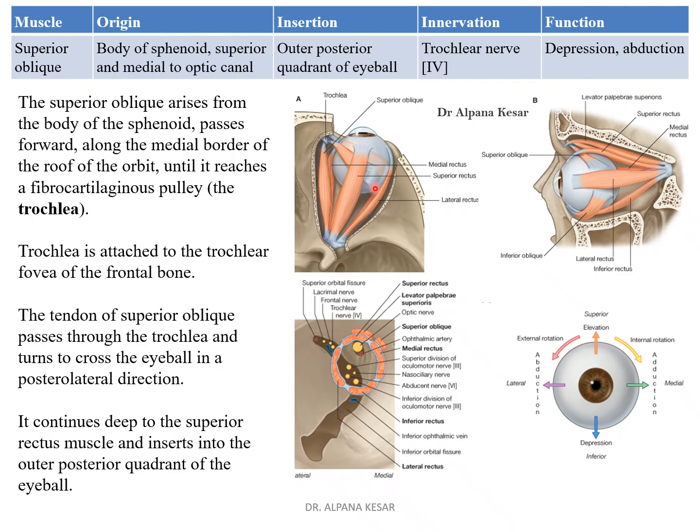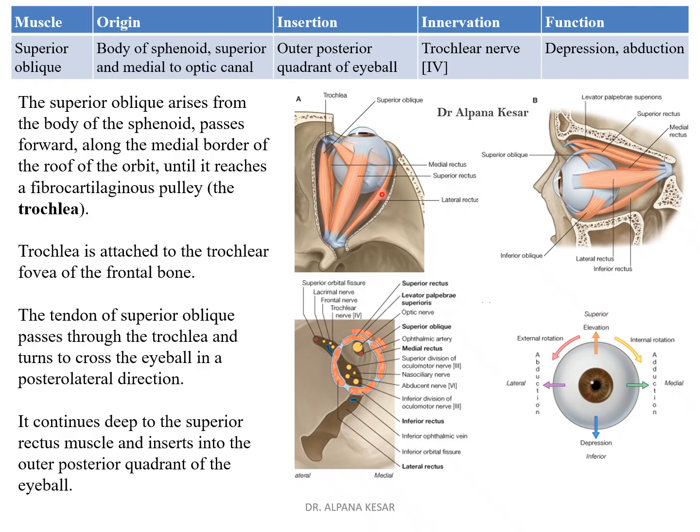Action of the muscle is, when it contracts, it helps in the depression and the abduction of the eyeball. When the muscle contracts, it will elevate the posterior part of the eyeball and thus it will depress the anterior part of the eyeball, bringing about depression.